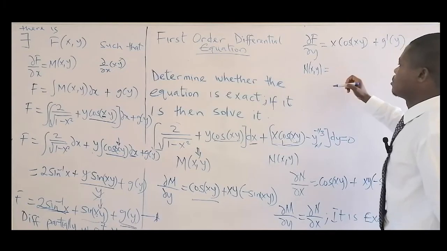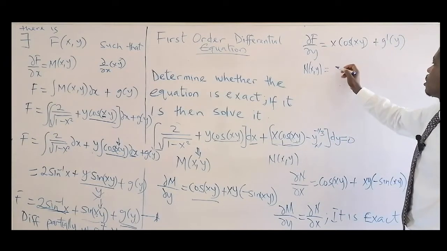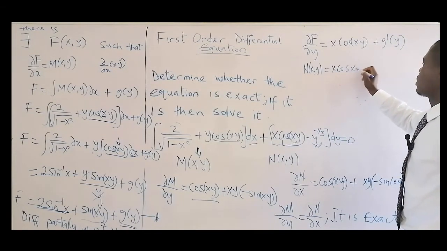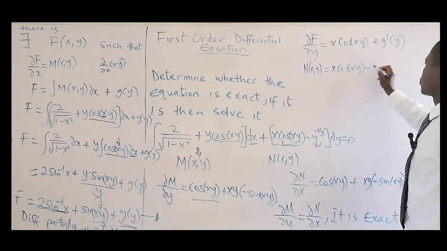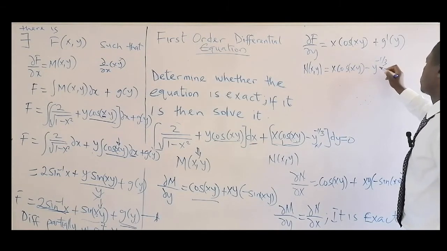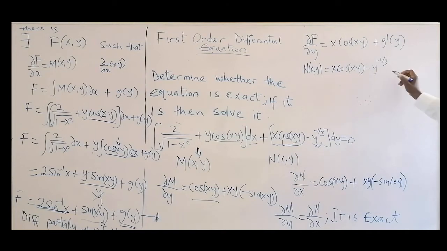The N value is x cos xy minus y to the minus 1 over 3. That's your N, which is equal to this x cos xy plus g prime of y. So this one and this one will cancel. We now have g prime of y equal to what?